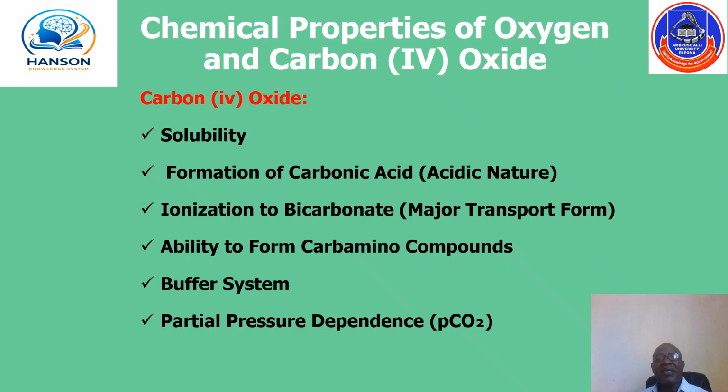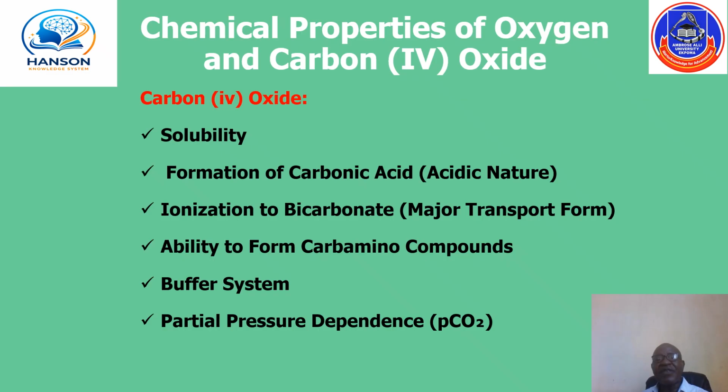Carbon dioxide plays a central role in the bicarbonate buffer system. When you have increased carbon dioxide, it means you have increased hydrogen ion, and that will lead to decreased pH.